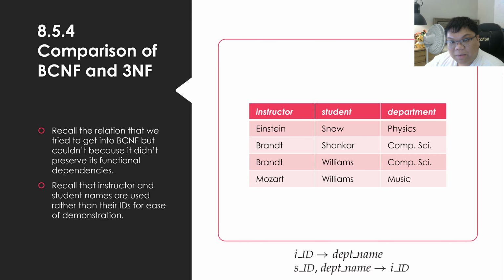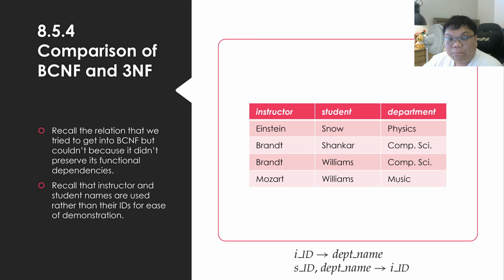So remember the schema that we had in the last video, where we had a table of students, their advisors, and their departments? For example, here we have Instructor Einstein advising student Snow, Instructor Brandt advising students Shankar and Williams, and Instructor Mozart also advising student Williams.